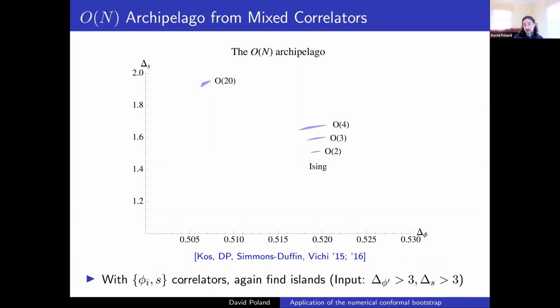Then you again find some islands. So by inputting this assumption, you can isolate the O(N) models. It's worth saying that the islands you get by just doing this are fairly large. You can see this O(4) island is quite spread out. And so you don't quite get as much mileage just by doing this as with the Ising model, but you can still seem to isolate the theories.